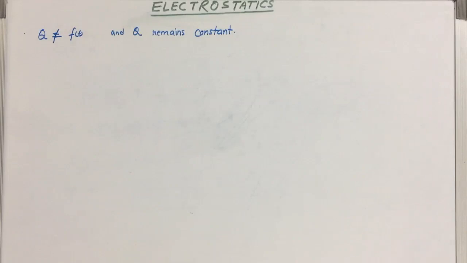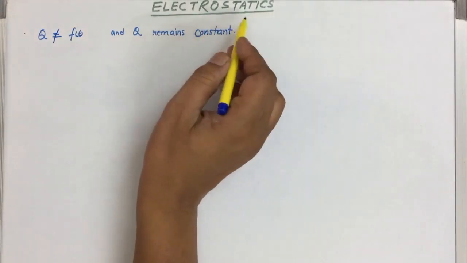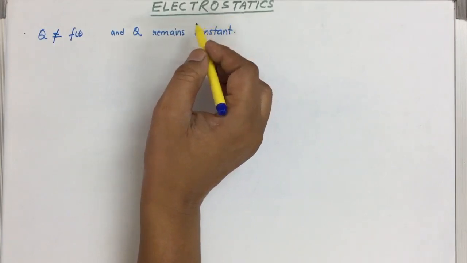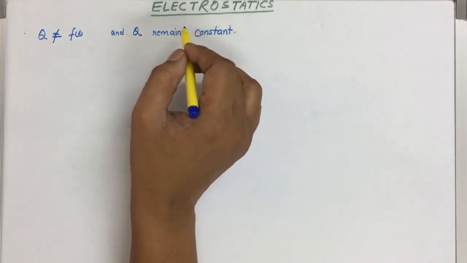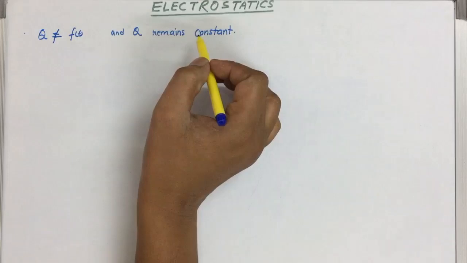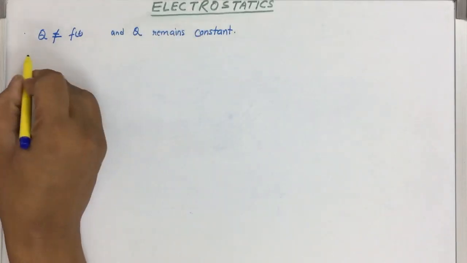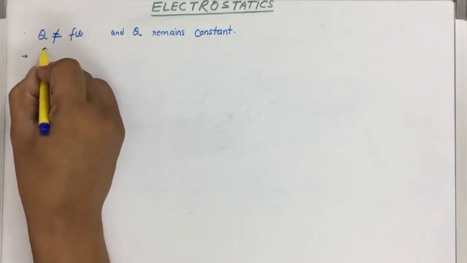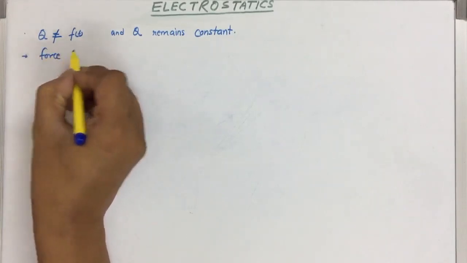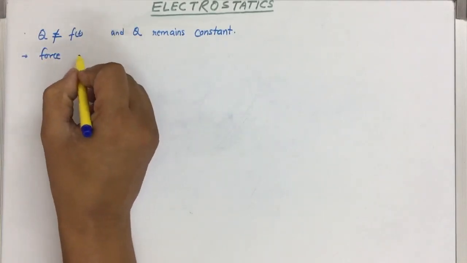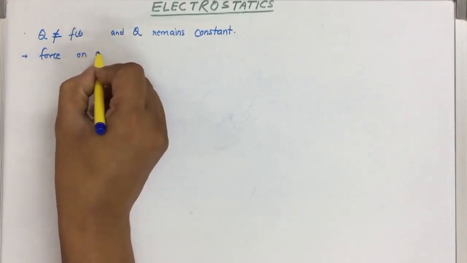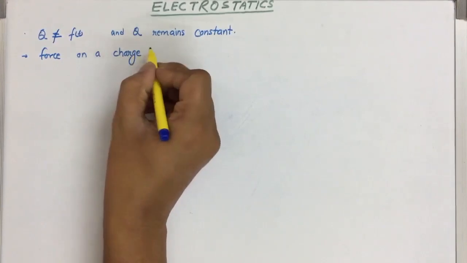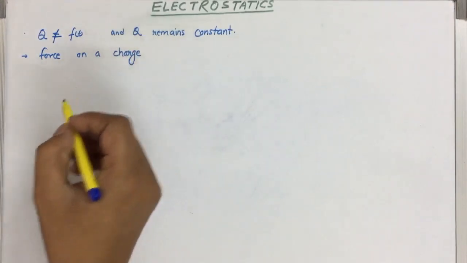So under this topic we will study the properties associated with charge at steady state. That is the first property, force on a charge. First thing that we will discuss.